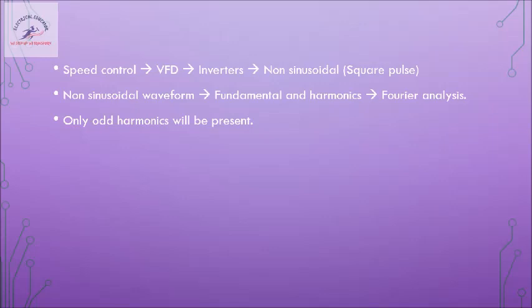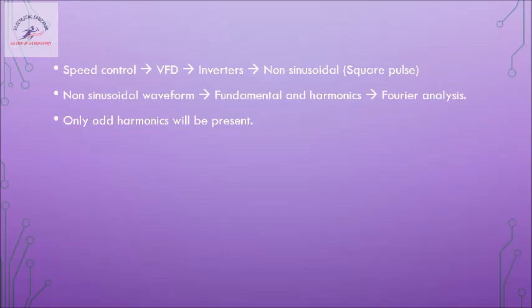In electrical engineering, only odd order harmonics are present, that is third, fifth, seventh, ninth and so on. Even harmonics are not present, because, as we know from signals and systems, there is something called half wave symmetry.